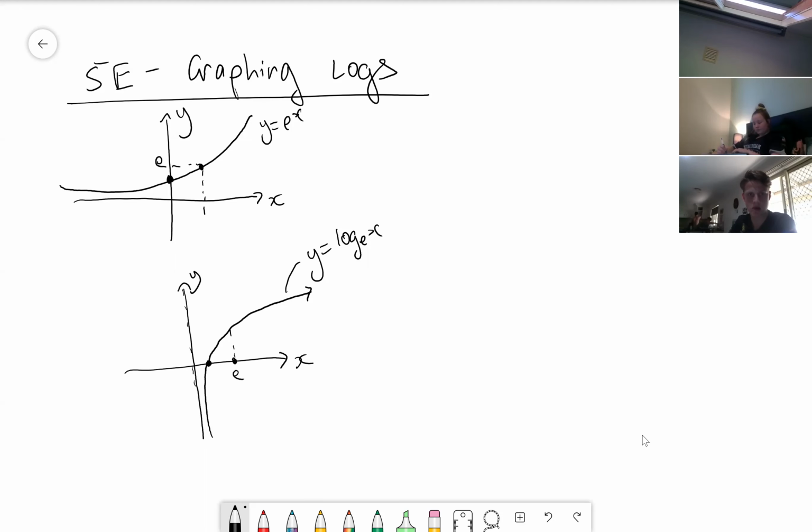When x is equal to e, y will equal 1. So again, x-intercept, asymptote, and also not y-intercept as such, but the y value. So this coordinate here, which is e, 1. So x is equal to e.